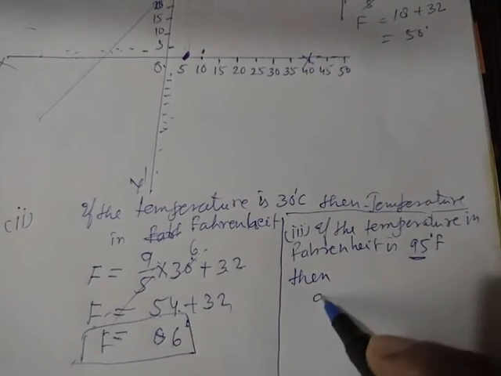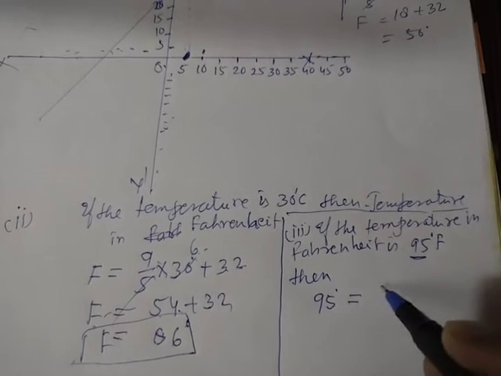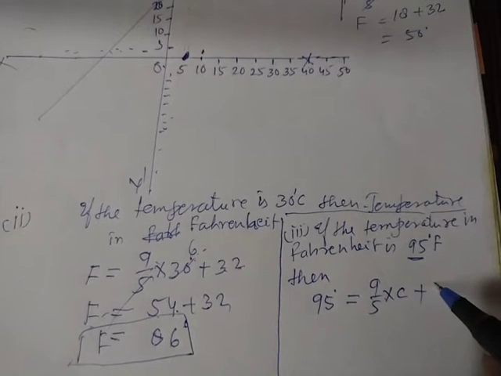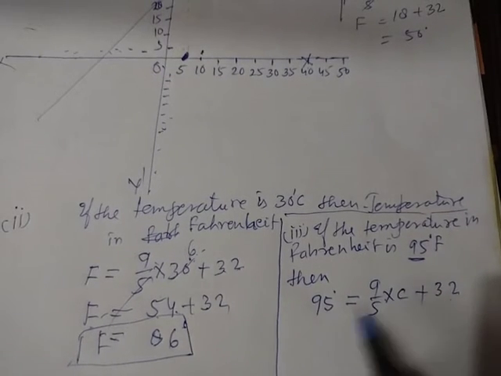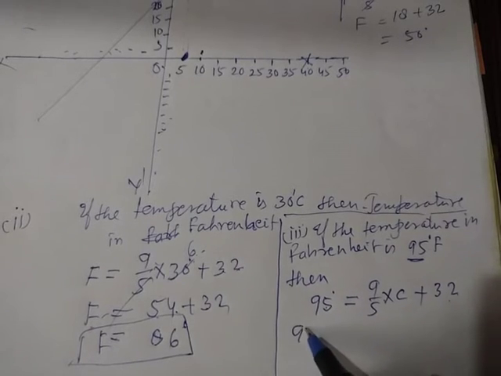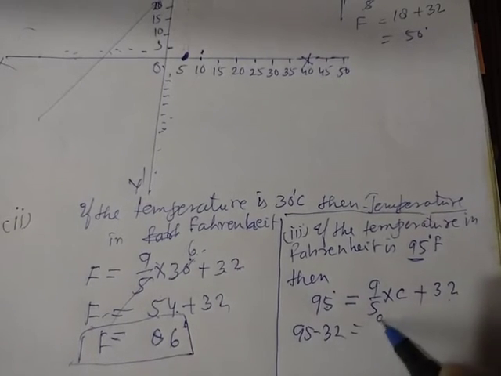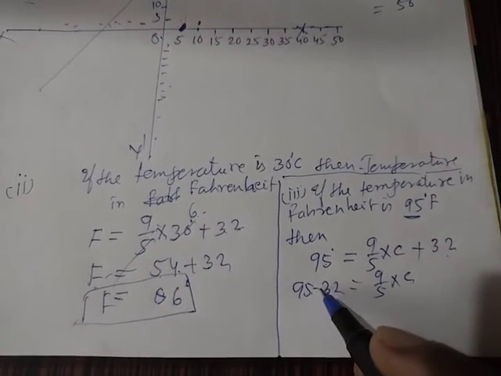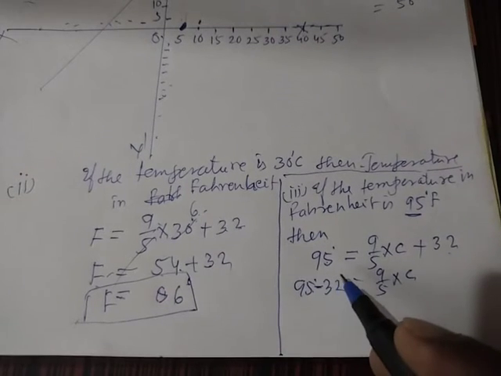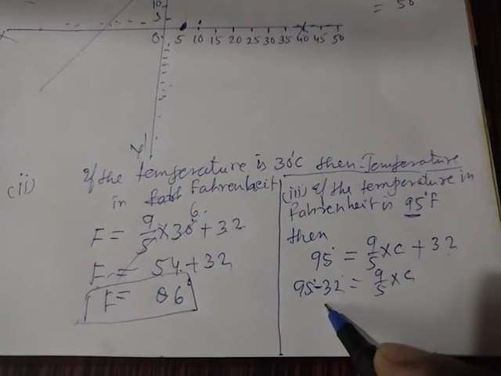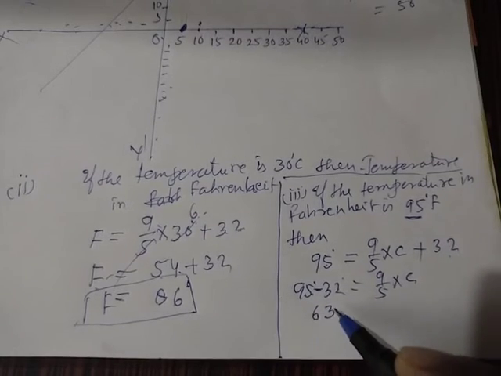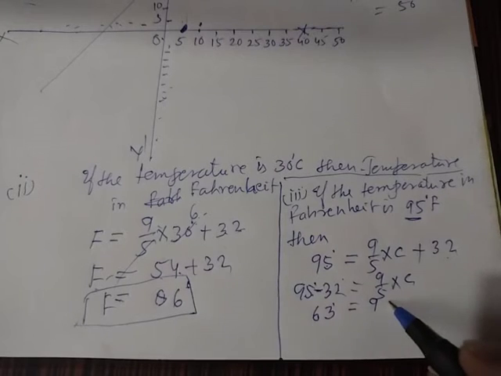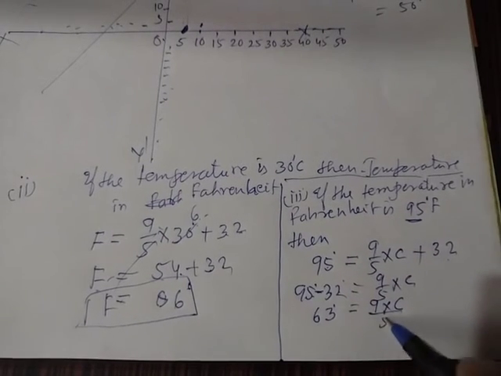you put here 95 Fahrenheit equal to 9 upon 5 into C plus 32. You bring 32 to this side. Then 95 minus 32 is equal to 9 upon 5 into C. Now you subtract: 95 minus 32, 5 minus 2 is 3, 9 minus 3 is 6, so 63 equals 9 into C upon 5.